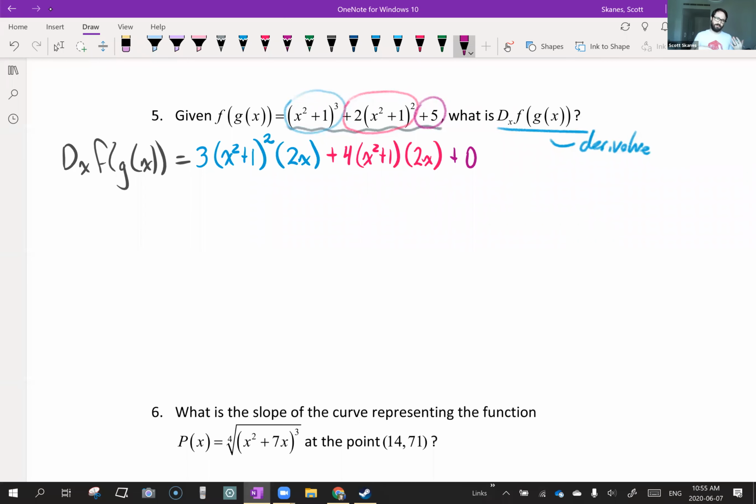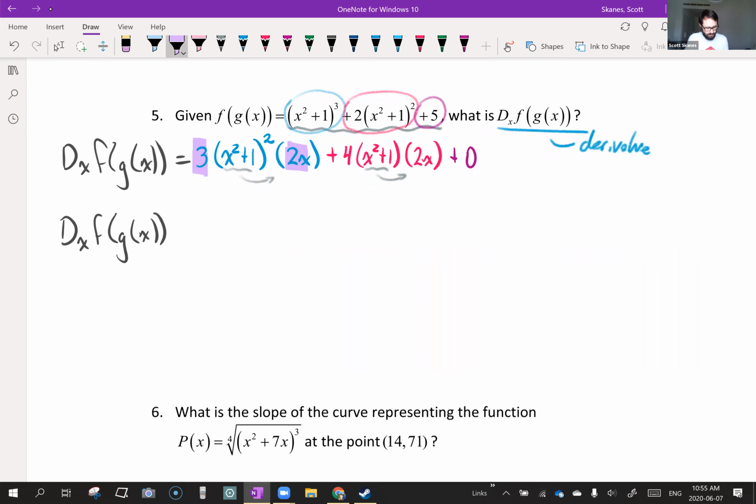So these are my 3 different pieces. 3 different derivatives. They all use the chain rule, but I'm not going to re-explain how to do the chain rule because we've been doing it, right? Just be very careful that it's the derivative. That's pretty much it. We just need to do a little simplification and we'll be done. So I know that I should simplify because look, this is just a 3 and a 2x.